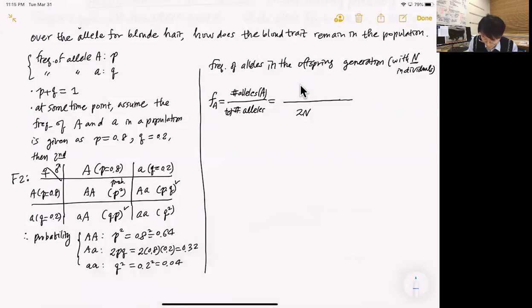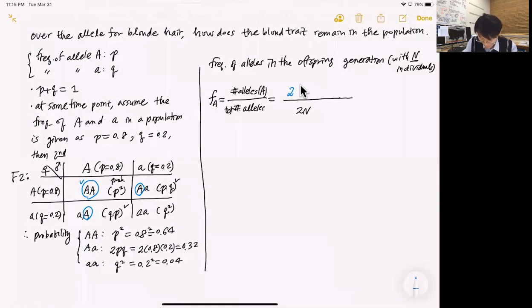Allele A is found here and here. First, homozygous capital A will have 2 alleles, so 2 times the probability P squared, and the number of individuals is n.